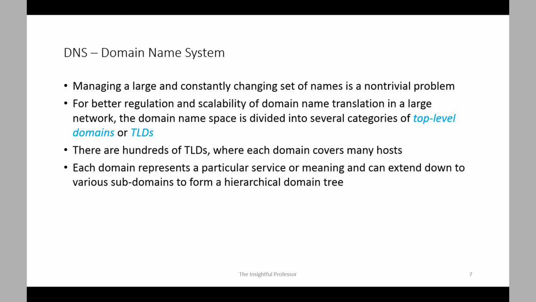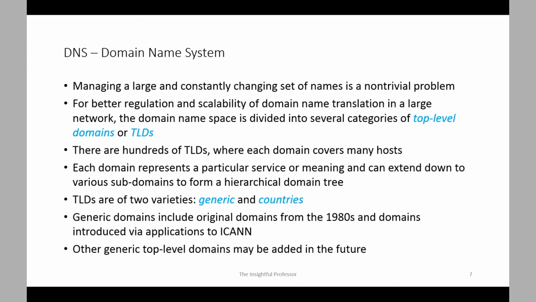Actually, hundreds of these have been defined, and each domain can then cover many different hosts. So each domain represents some particular service or meaning, and can extend down to what are called subdomains, and this forms a hierarchical domain tree.